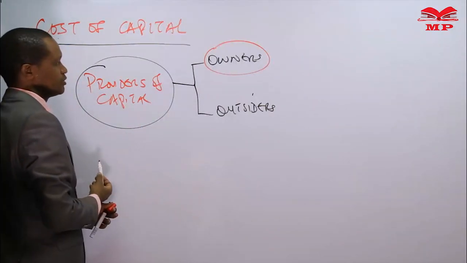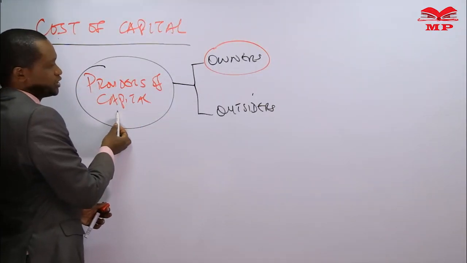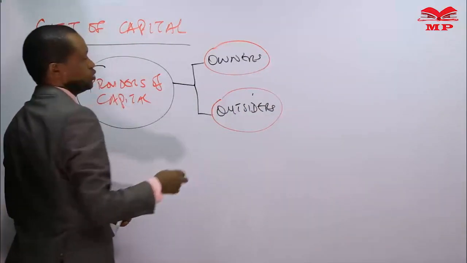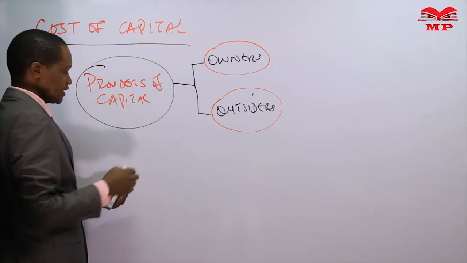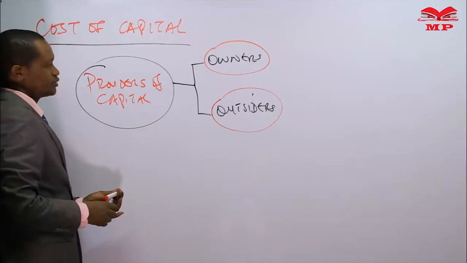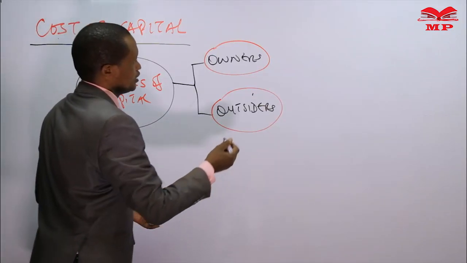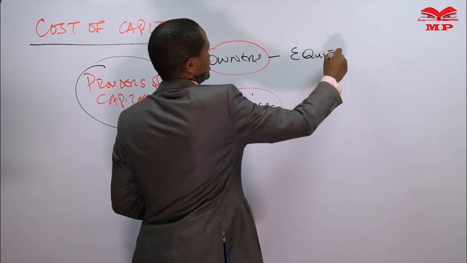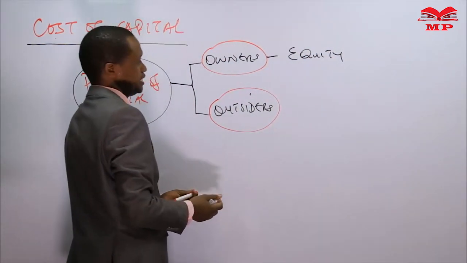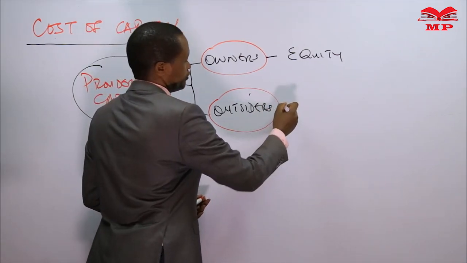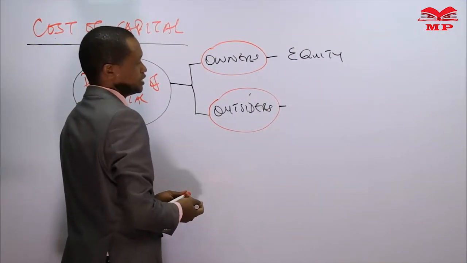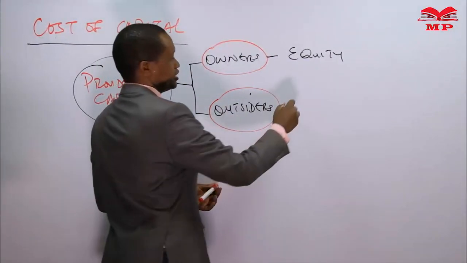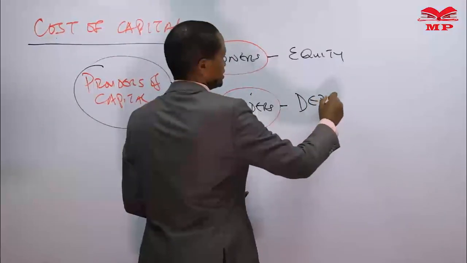Capital can also be provided by outsiders. These are parties who are not necessarily the owners of the company. Now the capital that is provided by the owners is referred to as equity. And the funds that are brought into the company from outsiders, from parties who are not owners of the company, will be referred to as debt.